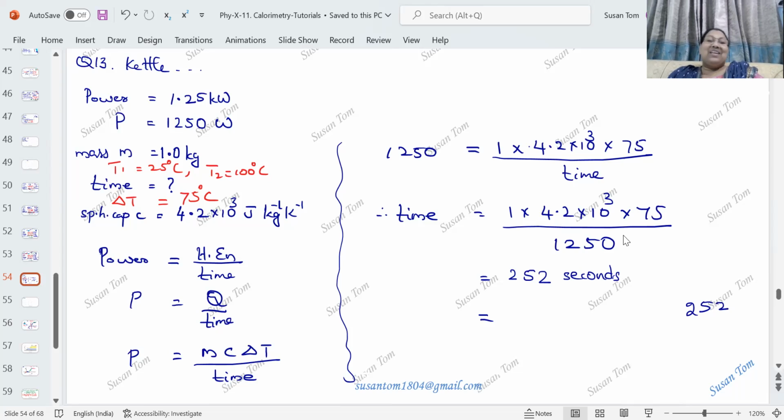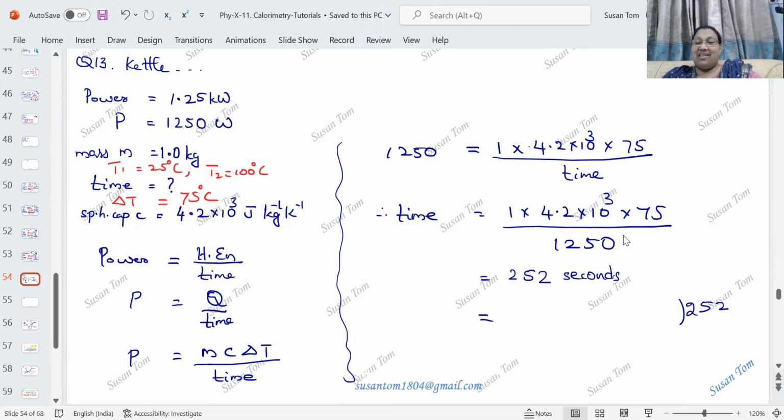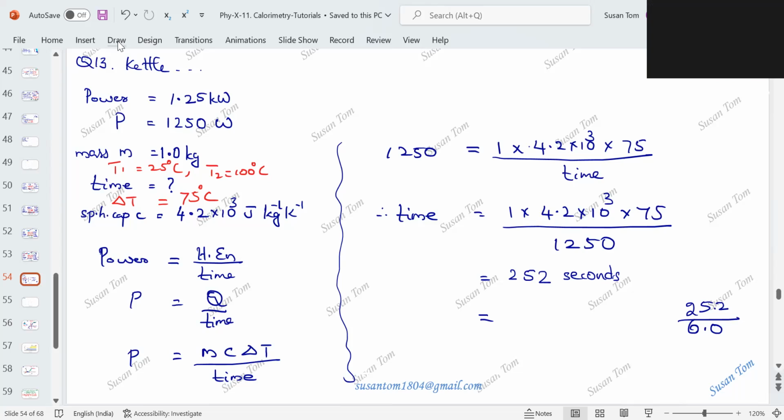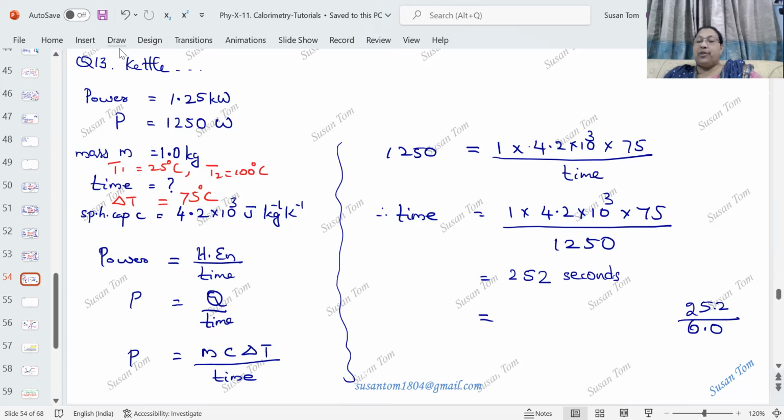If you don't know how to do 252 divided by 60, you first write divide by 60 and keep one decimal place for both of them. With 10 you divide basically, so 25.2 divided by 6 you solve.